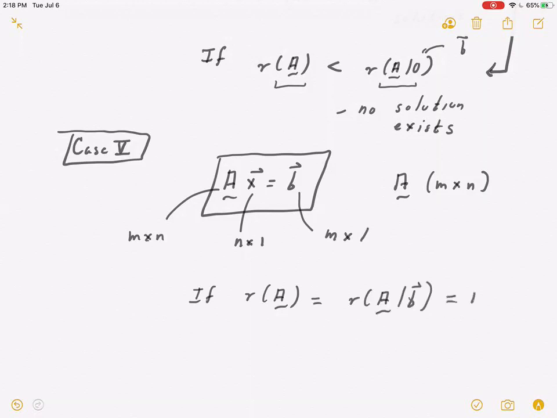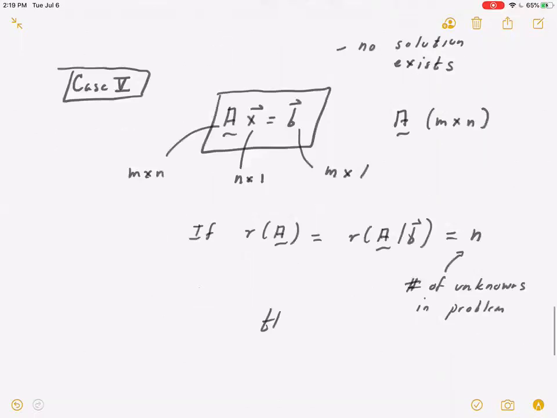So in fact, if those two are equivalent, and equal to n, where little n is the number of unknowns, then, as we saw in case 5, a unique solution to the problem exists.